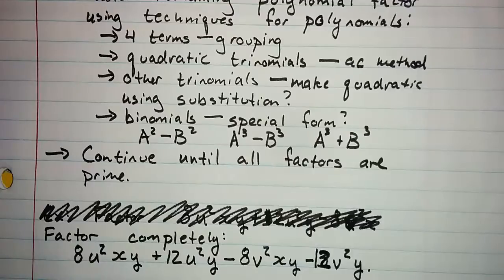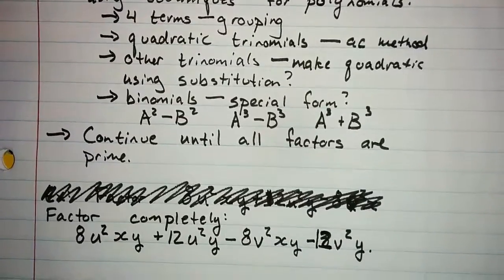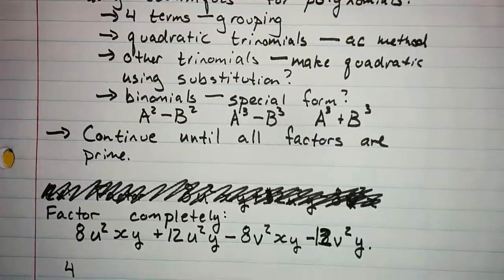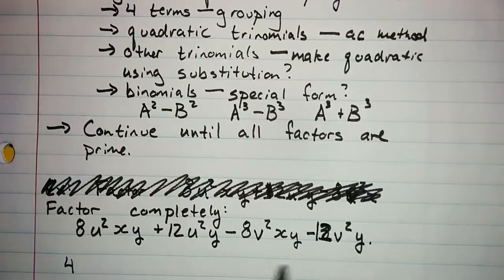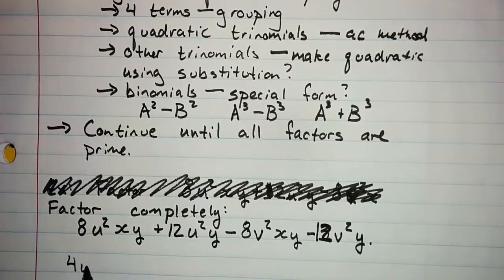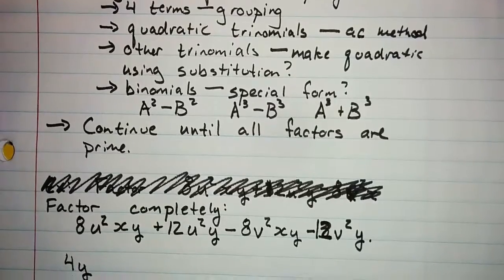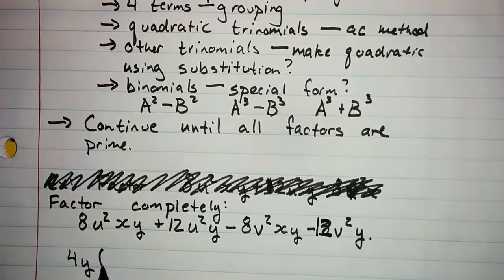Our first move is to factor out the greatest common factor. We can see pretty easily that the greatest common numeric factor is going to be 4. And looking through, I see that the only variable common to every term is going to be y. So 4y is going to be my greatest common factor.